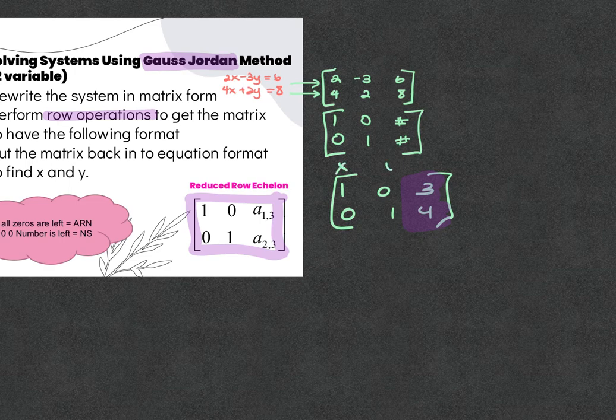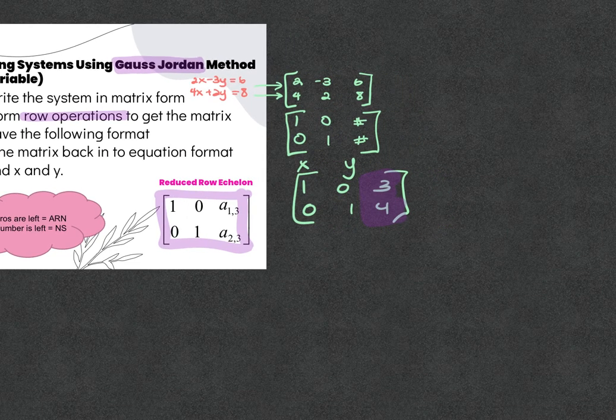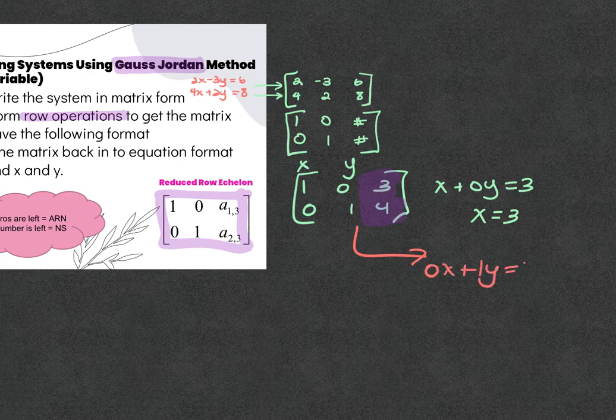This is your x and this is your y. So if it's 1x and 0y equals 3, that's the same thing as saying x equals 3. And if it's 0x plus 1y equals 4, that's like saying y equals 4. So once you get it into this format where there's a 1, 0, 0, 1, and then numbers in the last column, the top row is your x equals, the bottom row is your y equals, and you have solved this system.